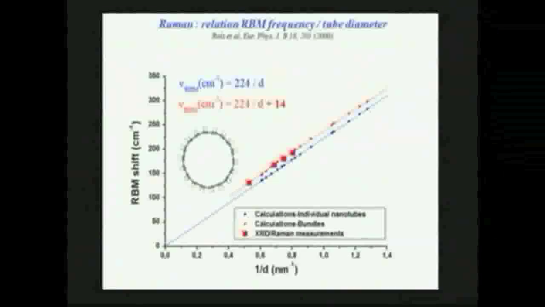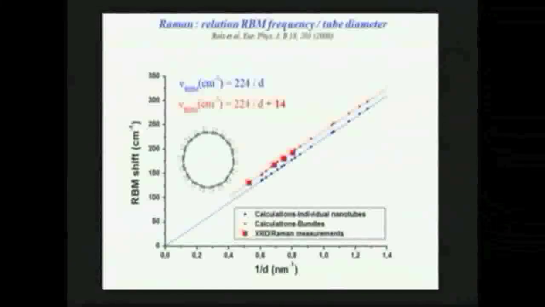But actually, we know now that this value will also change. So these two values will depend on the surrounding media around the nanotubes and will be different in gas, liquids, for individual nanotubes or for bundles. So here, this is a result for bundles of nanotubes in air. And this corresponds also quite well to calculations, which is the continuous line.